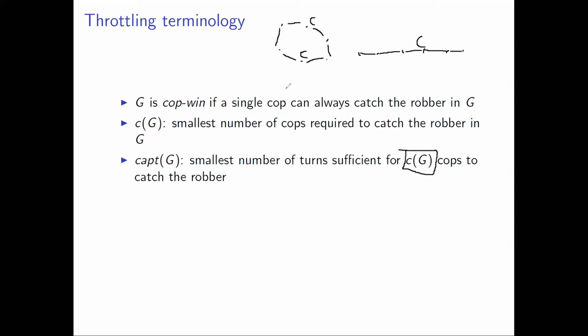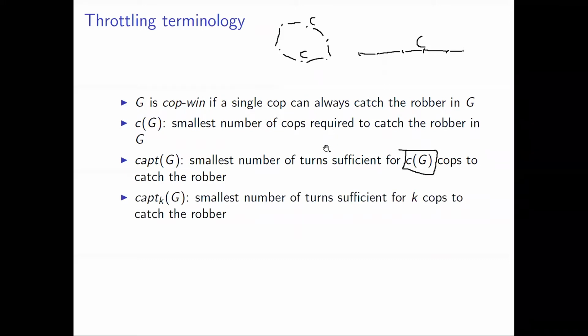So another version of capture time that in a way is more natural to define is capt_K of G. Capt_K of G is the smallest number of turns sufficient for K cops to catch the robber. So you might be wondering, what if we have something like capt_1 of C_n for n at least 4?